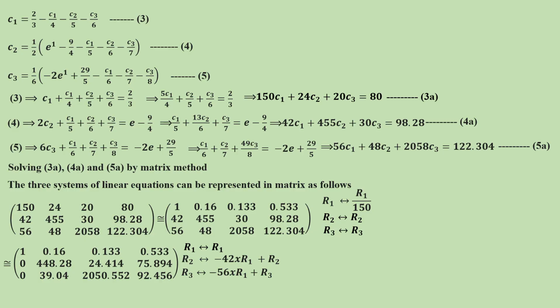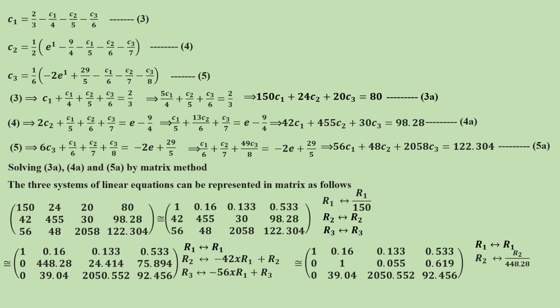So you will get the last row 0, 39.04, 2050 minus 0.52, 92.456. Then R1 is R1, R2 is R2 by 448.28. So you will get the second row, and the third row is as it is.